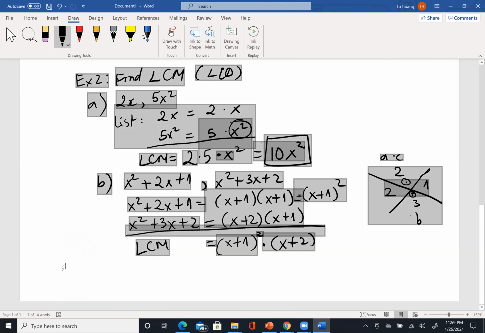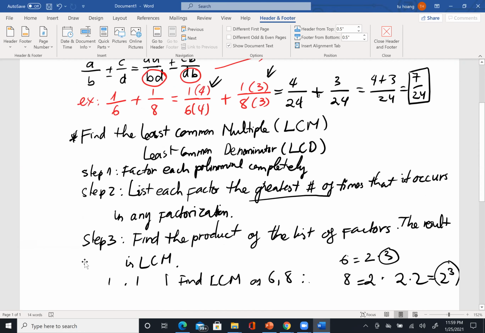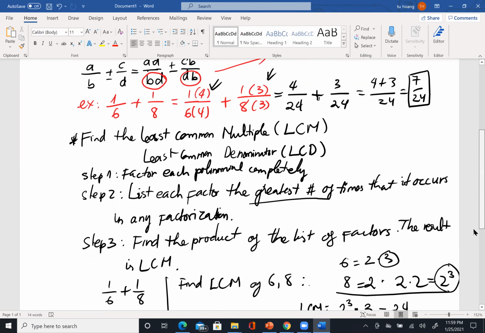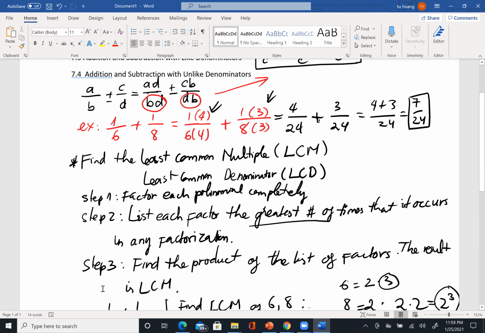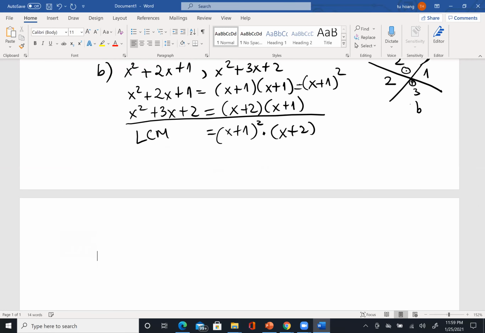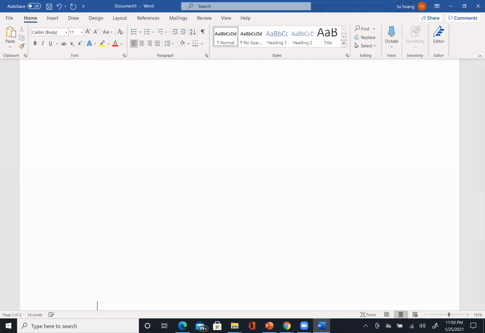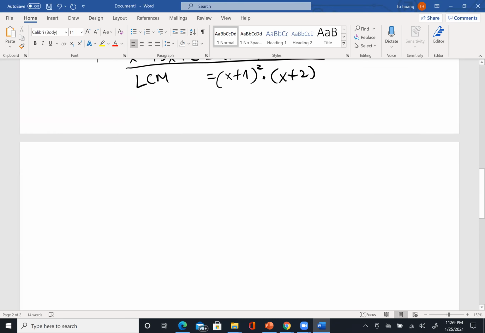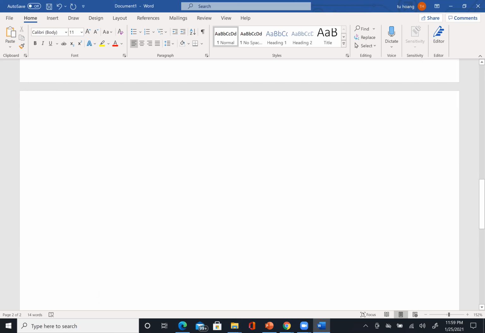Okay, so finally I think we have enough information to handle adding and subtracting rational expressions with unlike denominators.